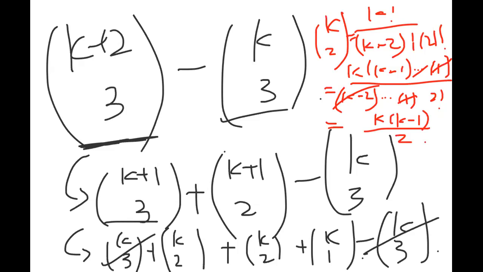As for k choose 1, you have k factorial divided by k minus 1 factorial times 1 factorial.